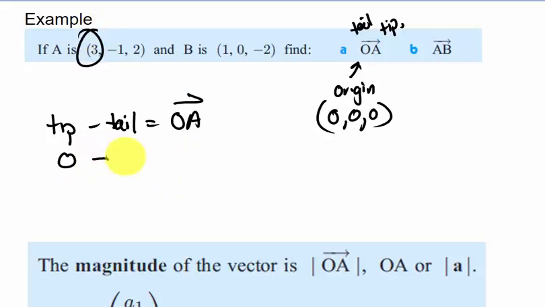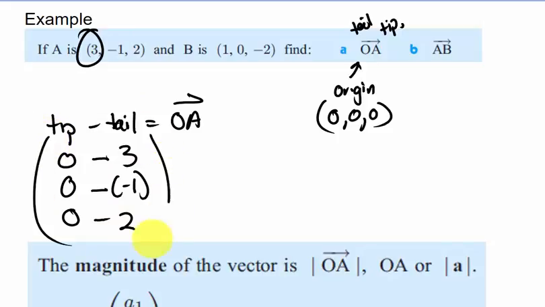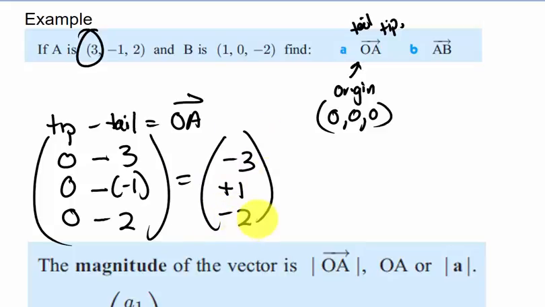So 0 minus 3 for my x, 0 minus negative 1 for my y, and 0 minus 2 for my z. So that becomes negative 3, positive 1, and negative 2 as the vector OA.